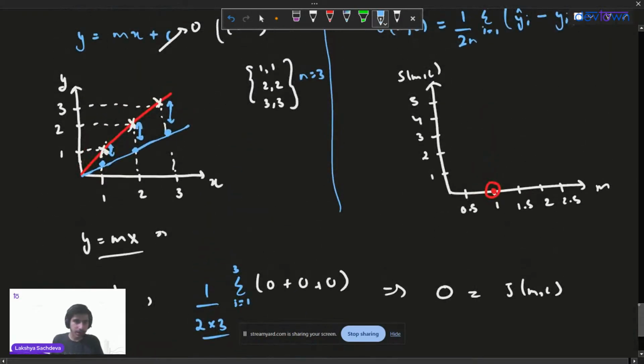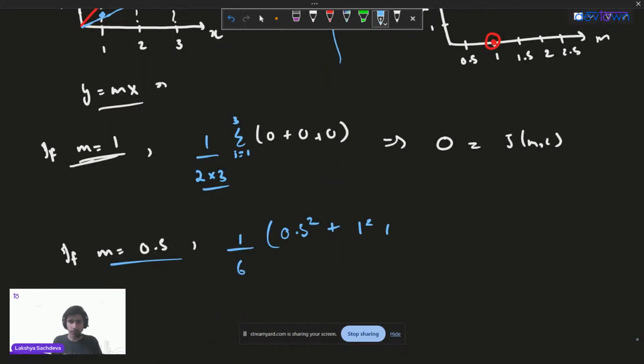In the second case, my error is 1. My point is lying on 1 and the actual value is 2. So my error is 1, and I will take 1 square.